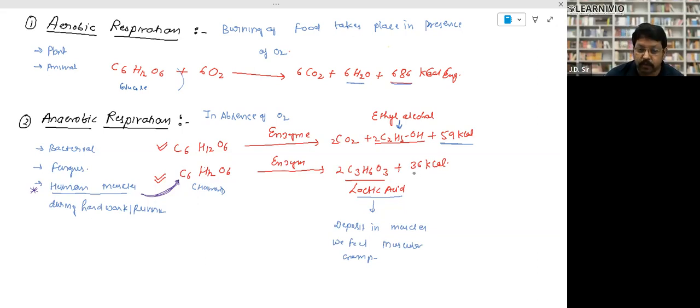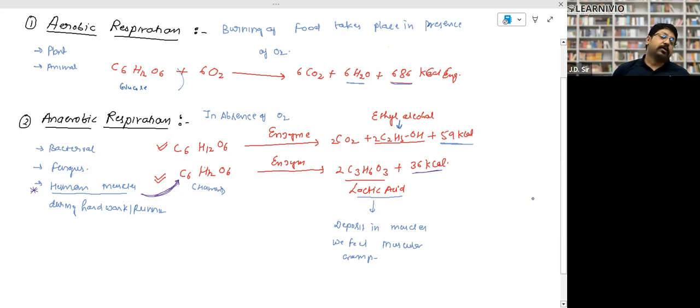So you can see from here that in anaerobic respiration the amount of energy released is very less. Now lactic acid formation will take place. This lactic acid will deposit in human muscles, and the person will feel muscular cramp or muscular pain. So during heavy exercise, during running, the muscular pain takes place due to the deposition of lactic acid.